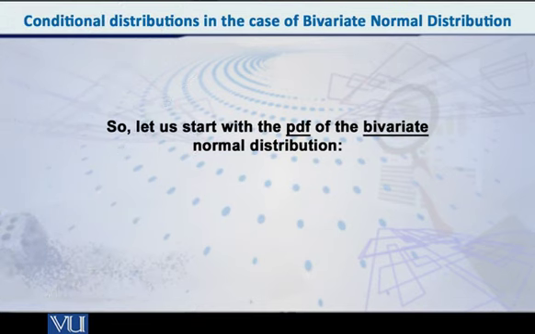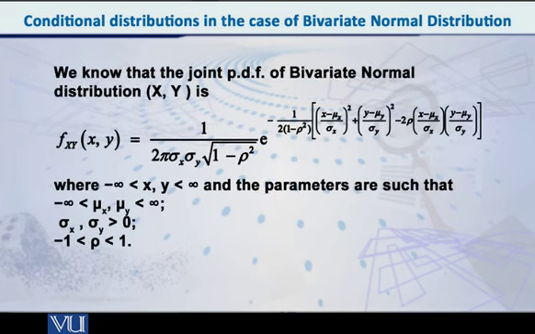So let us start with the PDF of the bivariate normal distribution. As you already know, it is as follows. F of x,y is equal to 1 over 2 pi sigma x sigma y into square root of 1 minus rho square, all of this in the denominator, multiplied by e raised to a pretty long, lengthy expression, but a very important expression.